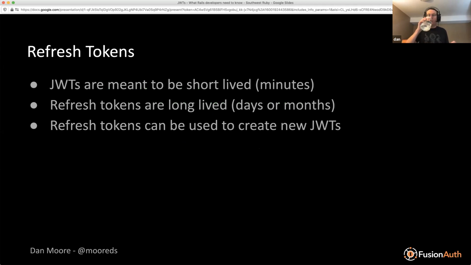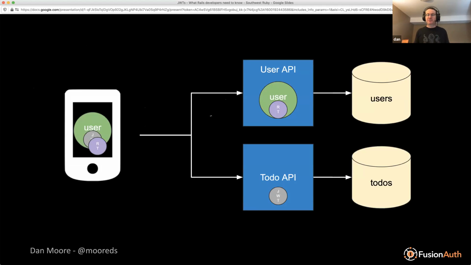So JWTs are supposed to be short-lived. And I think in the specification, they specify on the order of minutes or hours. Refresh tokens are a different kind of concept that can be used to create new JWTs. And so the idea is, well, actually, there's a great diagram. Basically the idea is a client sends their user to the user API and makes sure that user is authenticated.